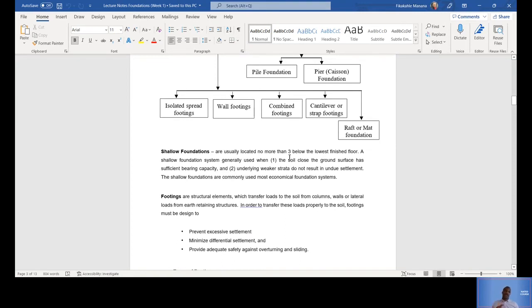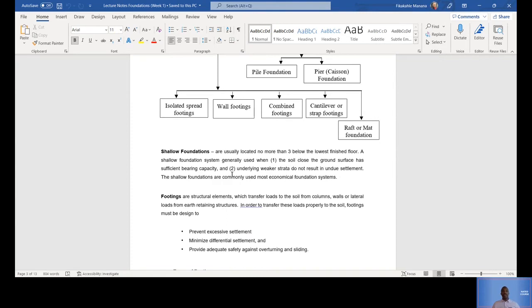3 of those bricks. Okay, a shallow foundation system is generally used when the soil close to the ground surface has sufficient bearing capacity. What does that mean? What's bearing capacity? Bearing capacity is basically the soil's ability to carry the building.